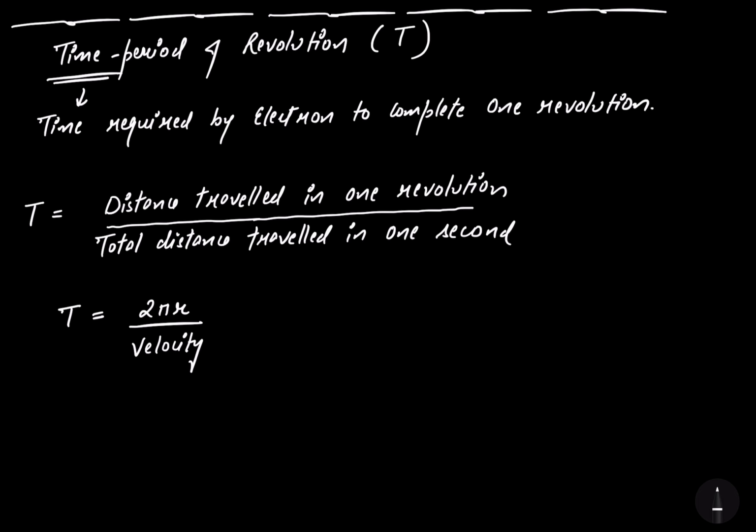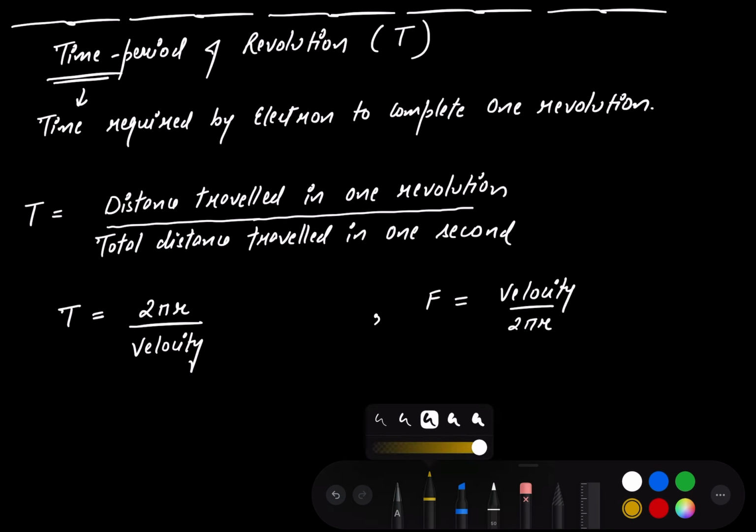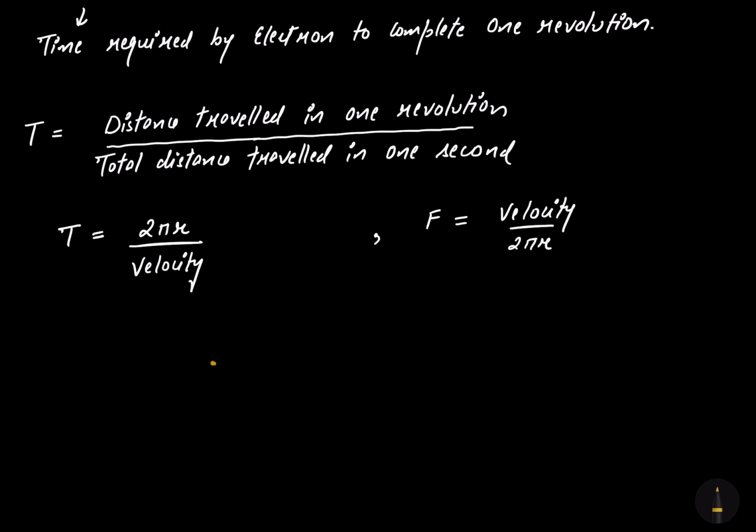On the other hand, we also know that frequency is equal to velocity divided by 2 pi r. So that means the time period and frequency are inversely related to each other. That is, time period of revolution of electron will be equal to 1 divided by frequency. So that is the final relation that we got between the frequency of revolution and the time period of revolution.